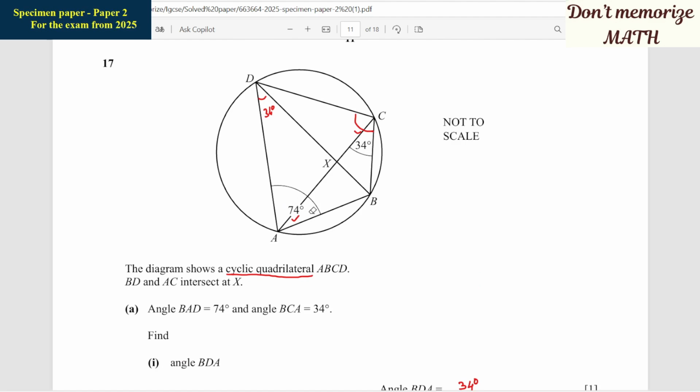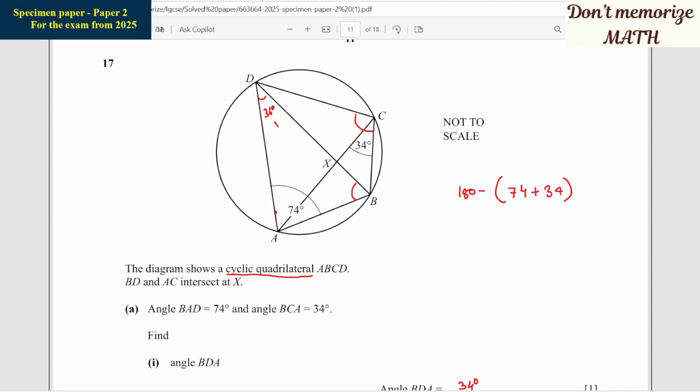Next one, angle ABD. Let's see what angle ABD is. Just mark that angle. This is simple. You can see a triangle ABD. The angle sum of a triangle is 180, so we have 180 minus 74 plus 34.